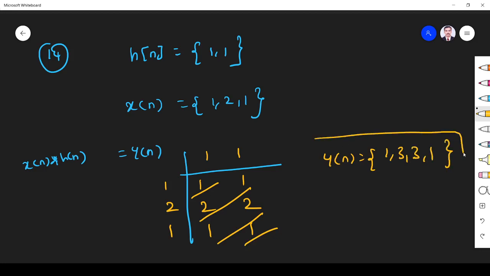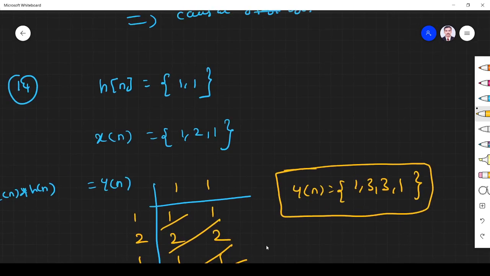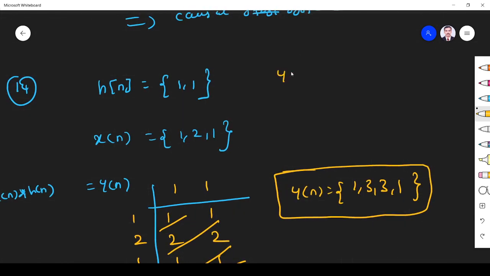So for our impulse response, the output y of n for this input. What is our output equation? We know the equation is y of n is equal to x of n plus x of n minus 1.